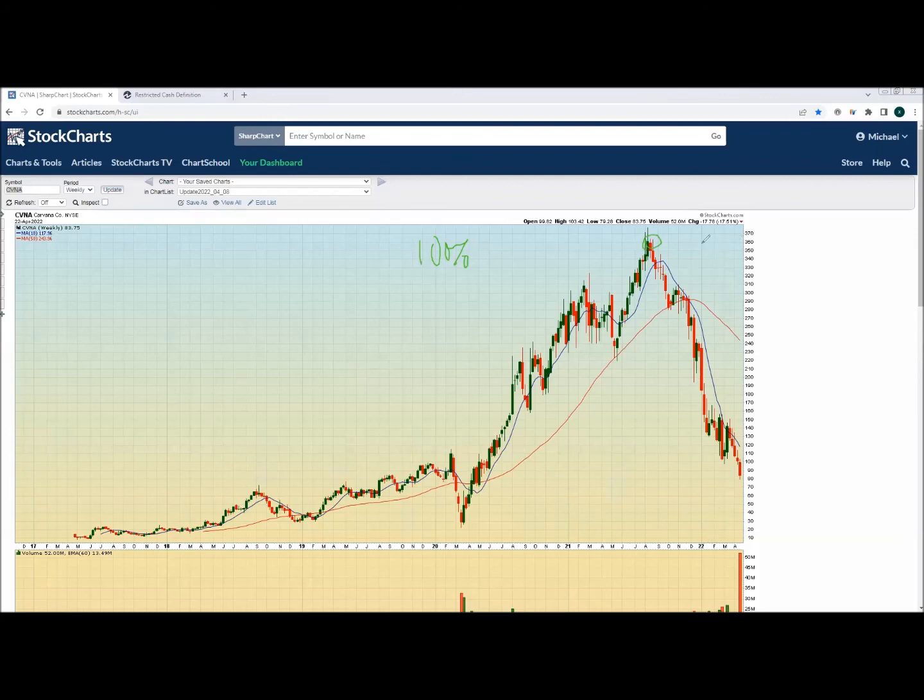Why has it gone from 360 all the way down to below 100? Well, I think the market's looking at exactly what I'm looking at. They're saying, look, we're going into recession. The Fed is raising rates. That will cause a recession. They can never get it right. And who's going to hurt?